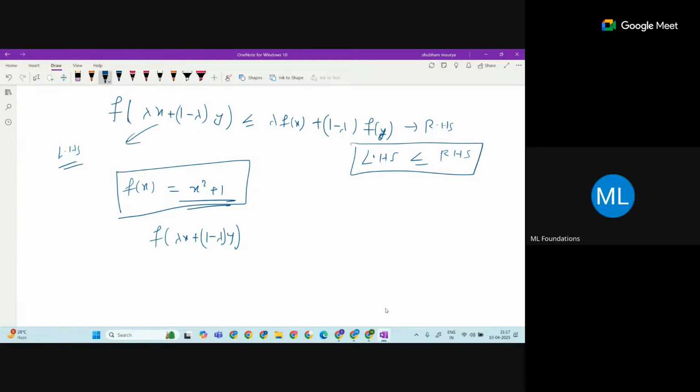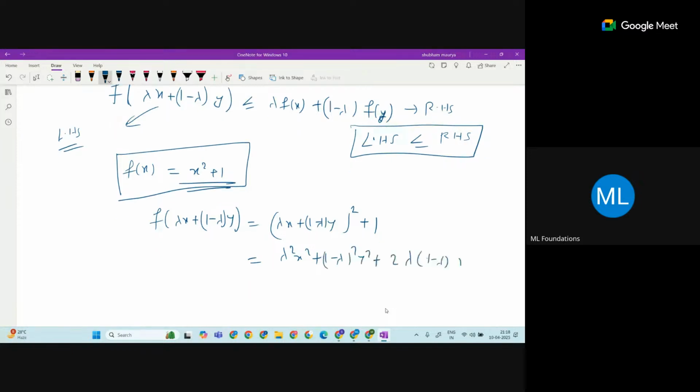The way to check: here this is equal to f of lambda x plus 1 minus lambda y, the whole square, plus 1. So this is going to be lambda square x square plus 2 lambda (1 minus lambda) x y plus 1 minus lambda square y square, plus 1.